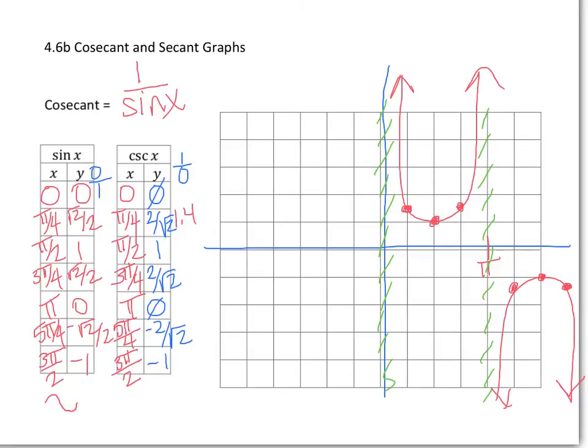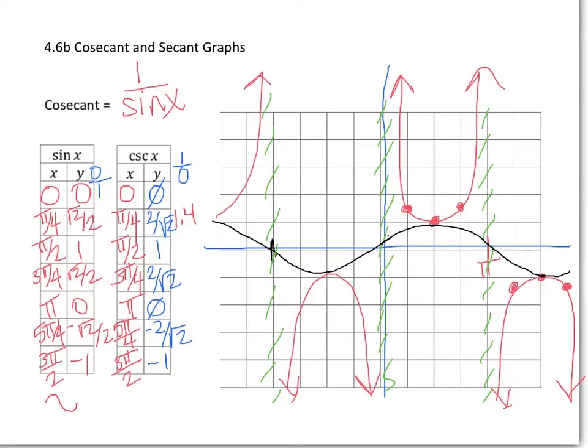So if I were to sketch in my sine graph, that's what it would look like. And my asymptotes are everywhere there's an x-intercept. Everything else bounces off. So I'm going to bounce off in the low direction, and this one's going to have a high.